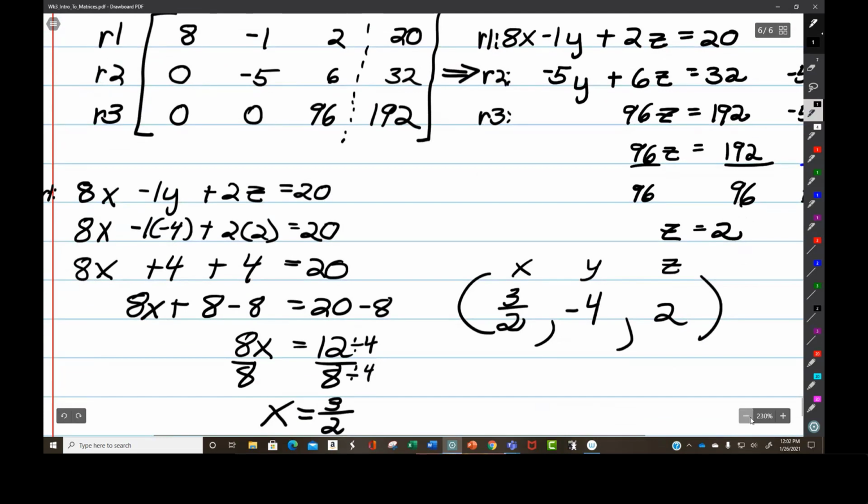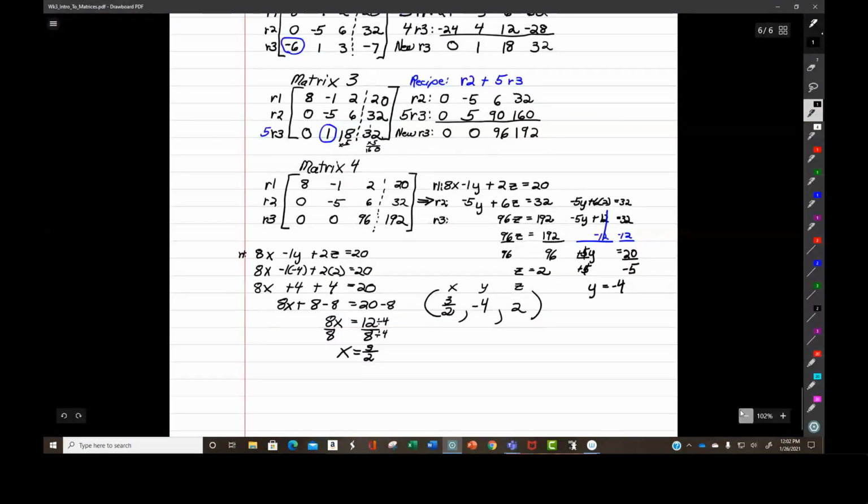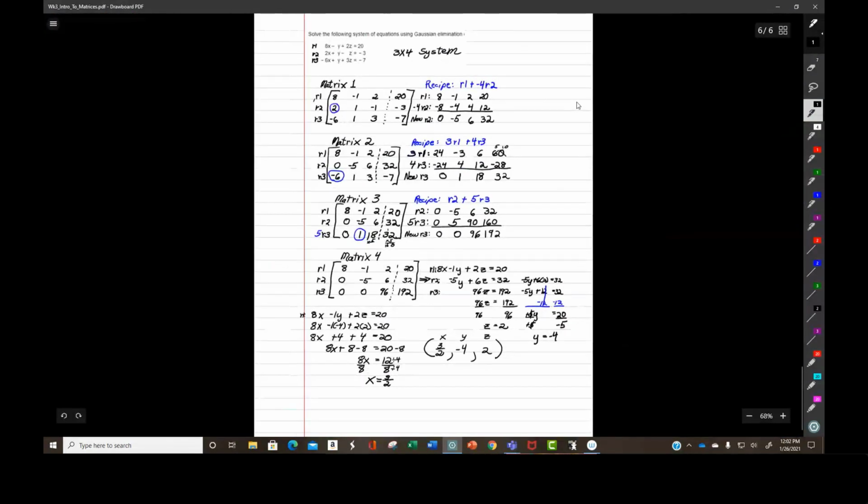All right, let's pull back. So here was the system. We take our original system, we turn it into a matrix. Then we start doing row operations to put a 0 here, a 0 here, and a 0 here, until we get our lower triangle of zeros.